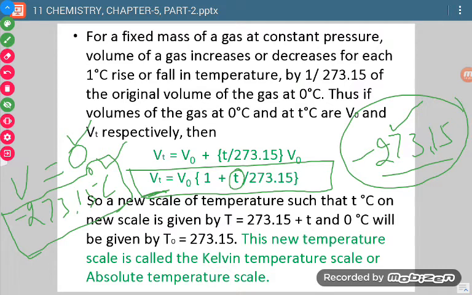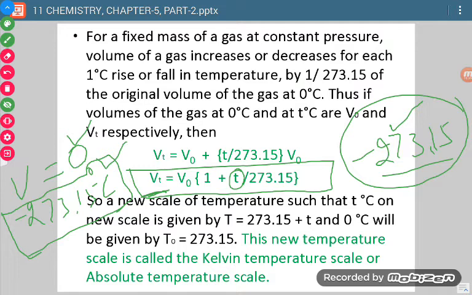Okay, so one thing you have to remember, that temperature equal to minus 273.15 degrees Celsius can never be obtained. Okay, one thing is this. Second thing, you are asked what is absolute zero temperature. So what is absolute zero temperature? Absolute zero temperature is equal to T is equal to minus 273.15 degrees Celsius. This is absolute zero temperature. Okay. Now, when we are talking about absolute zero temperature, then sometime we are asked to define it.